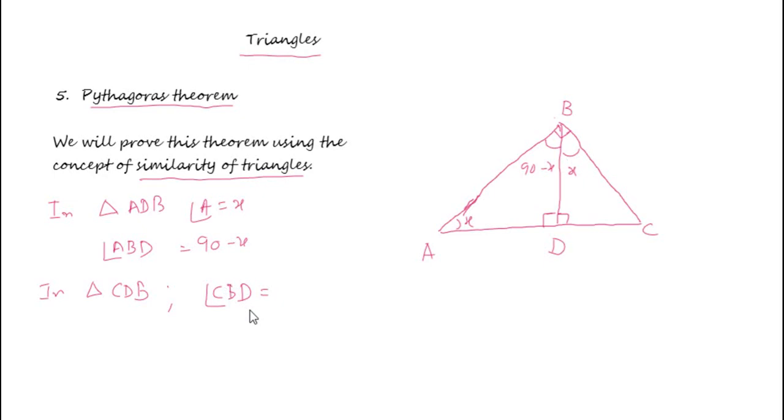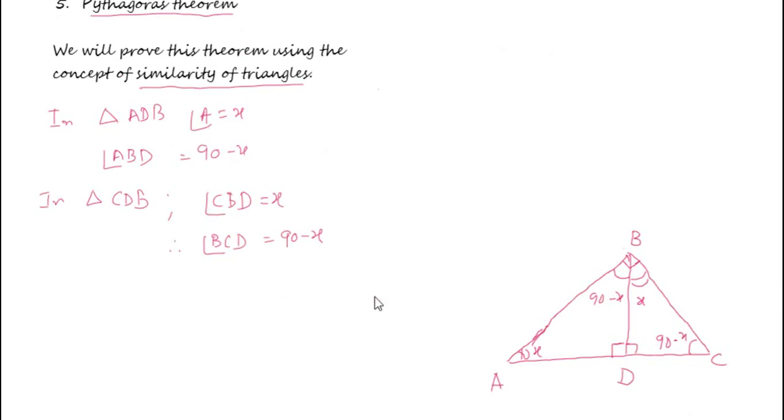So angle CBD equal to X. Therefore angle C or angle BCD is equal to 90 minus X. So this is X, and this is 90 minus X. This is also 90 minus X.